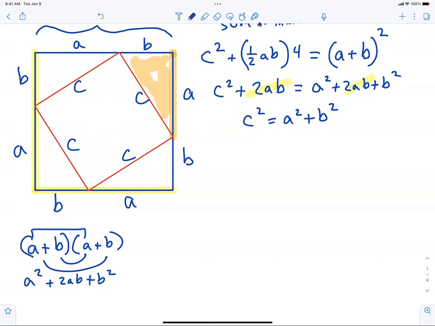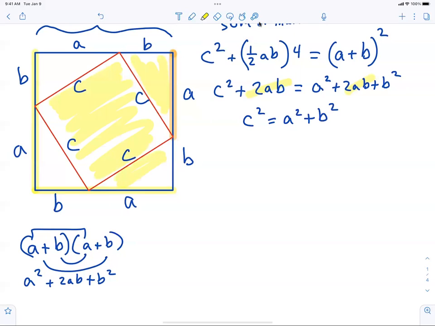Okay, so let's slow down just a little bit. This area is what? How do you find the area of a square? What's this area? What's the formula for area of a triangle?